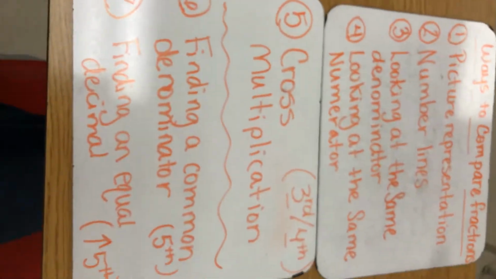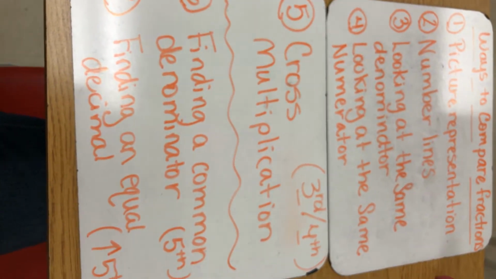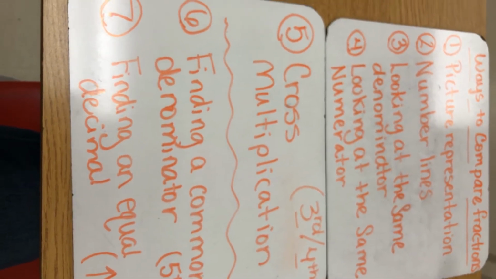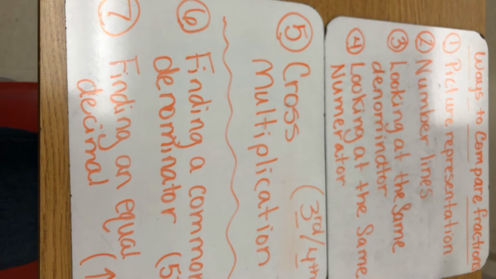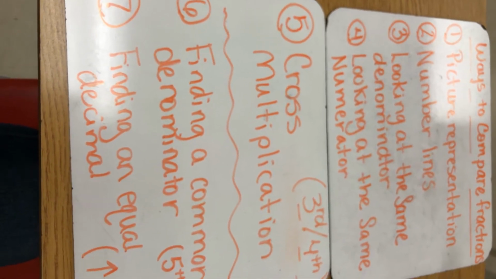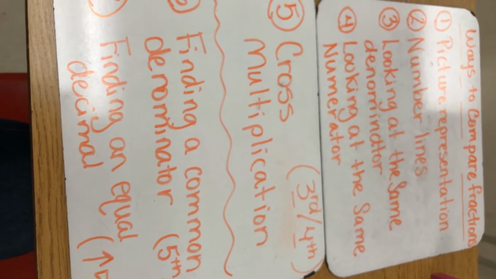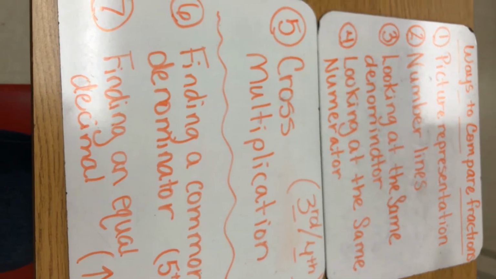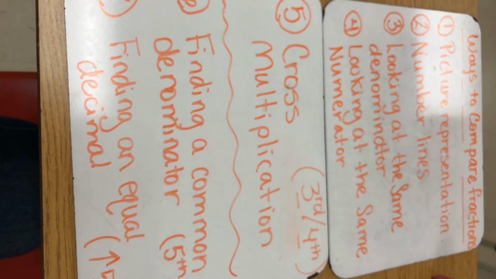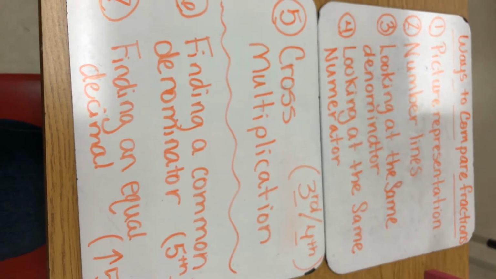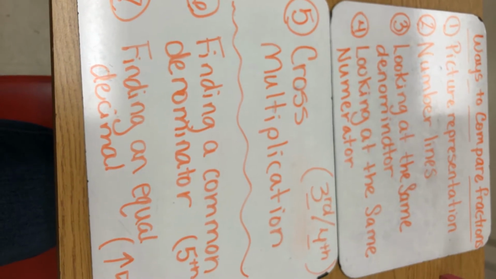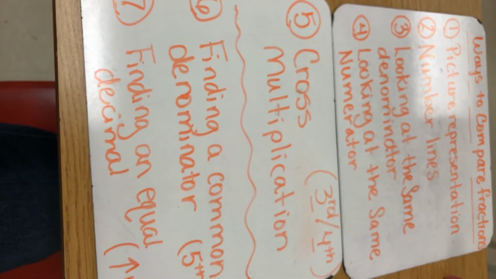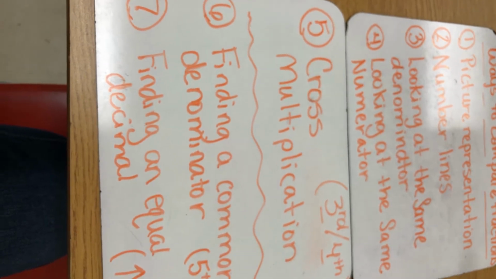Here's what we're going to be doing. We're going to do different ways of comparing fractions. Number one, we'll look at a picture representation of comparing fractions. Then we'll take a look at number lines. And then before we start doing cross multiplication, we're just going to look at whether the fractions have the same denominator, or the same numerator. And then finally, we're going to wrap it up with cross multiplication. You learned cross multiplication in 3rd grade, so it's going to be easy for you, I believe, and then we do it in 4th grade.